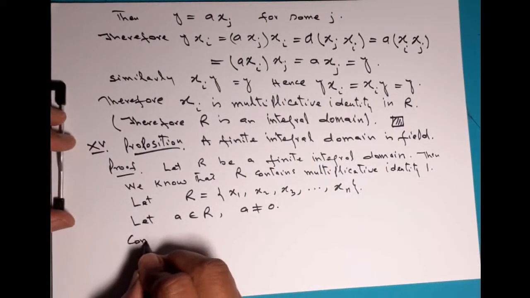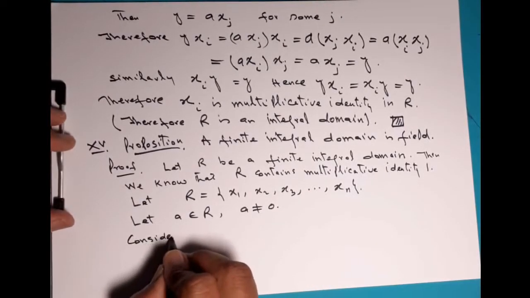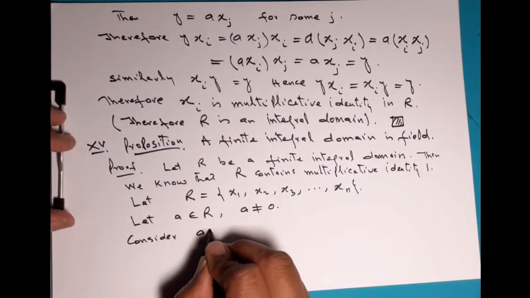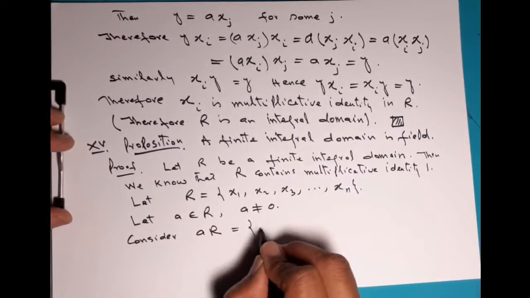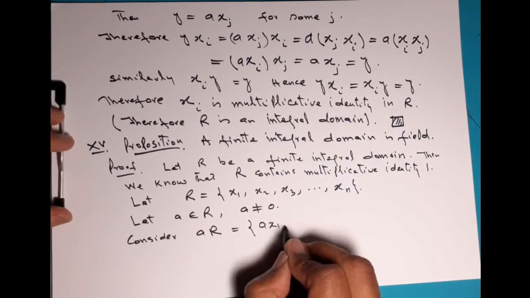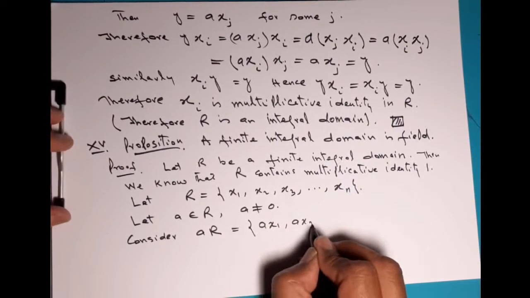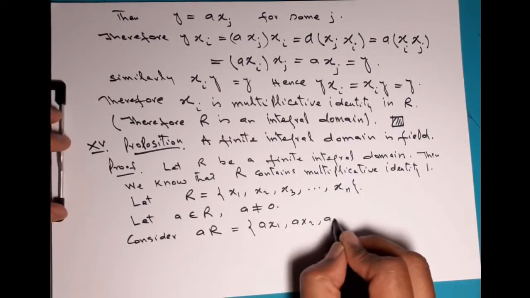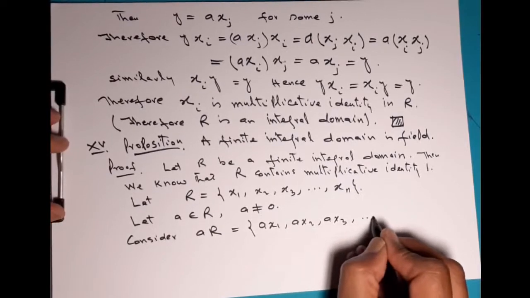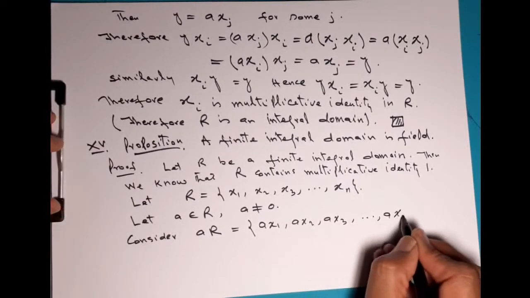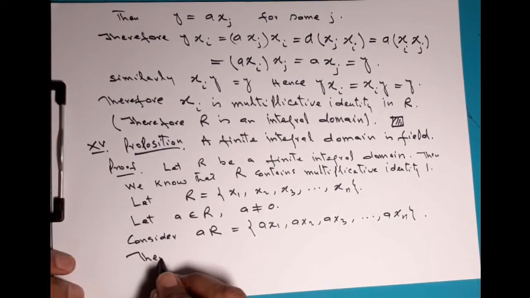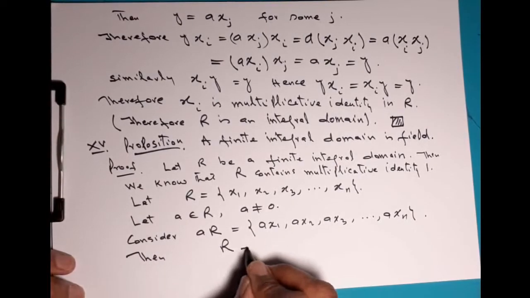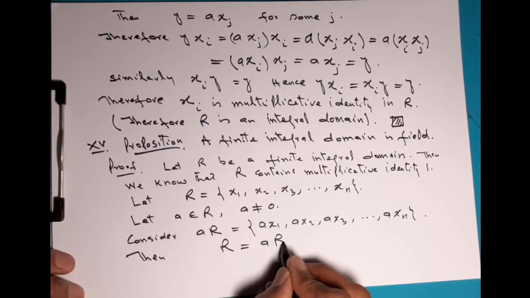Consider, multiply all the elements of this ring R with a: ax1, ax2, ax3, so on up to axn. Then we know that R and aR will be equal.